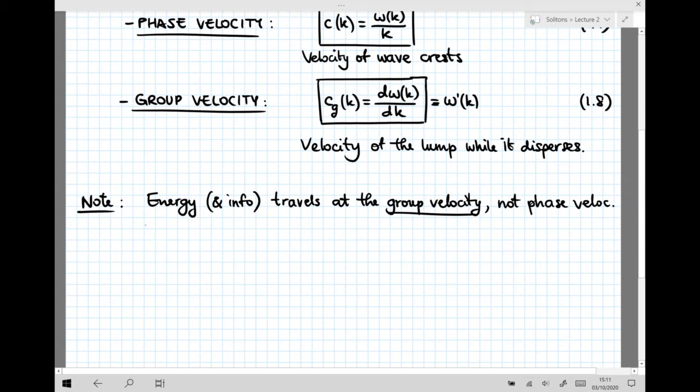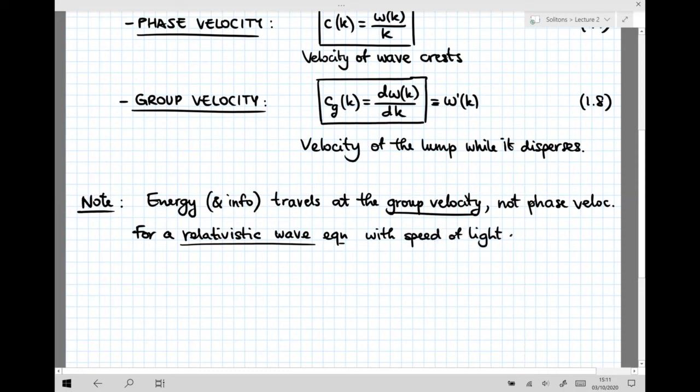And for a relativistic wave equation, such as, for instance, the Klein-Gordon equation, I'll say more about what a relativistic wave equation is later, but if the speed of light is called v, these relativistic wave equations will always look like 1 over v squared u_tt minus u_xx plus a function of u equal to 0.